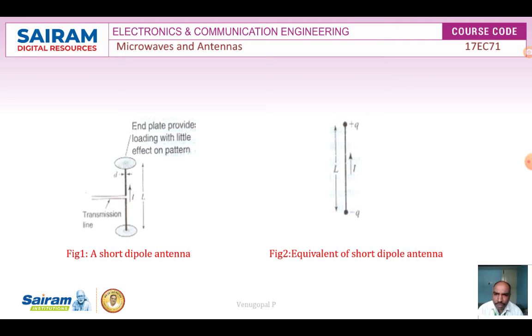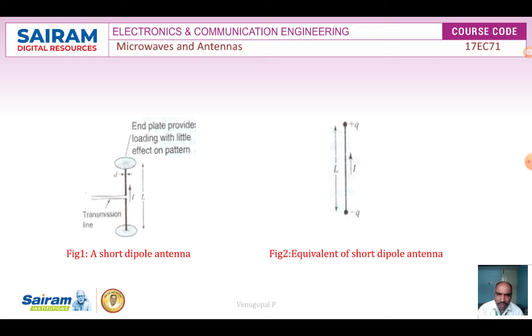In the figure you are observing a short dipole antenna consisting of two collinear conductors separated by a small gap where the feeder element is present. Here you are observing the transmission line connecting the two collinear conductors.